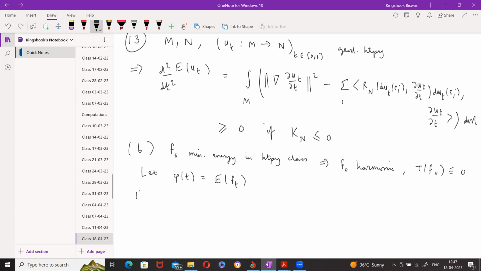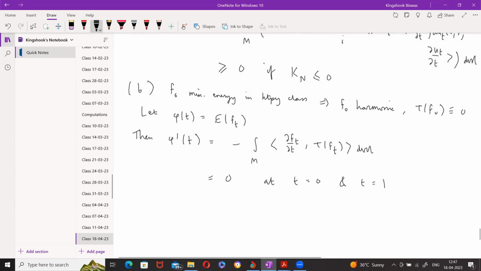Then phi prime of t, we know, is minus the integral over M of the inner product of del Ft by del t with tau of Ft, d vol. This is equal to 0 at t equal to 0 and t equal to 1, because F0 and F1 are harmonic.